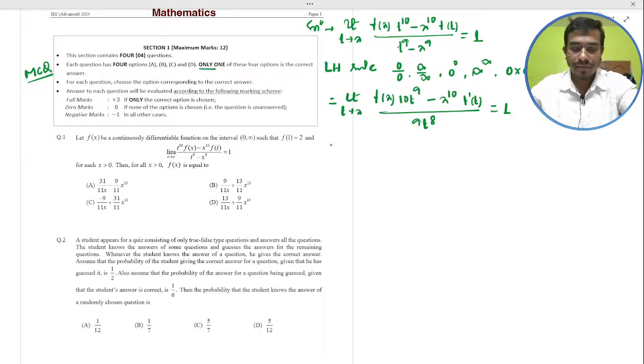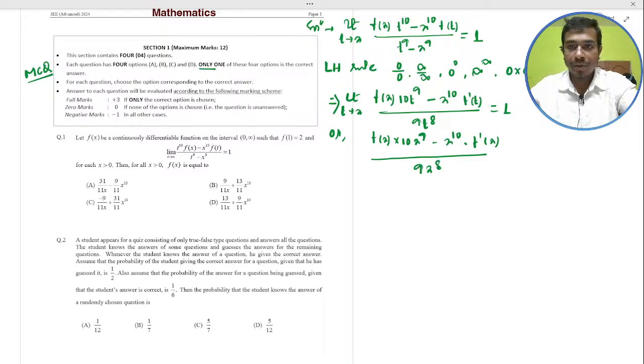Now this implies that f(x) into 10x^9 minus x^10 f'(x), divided by 9x^8, this is equal to 1.